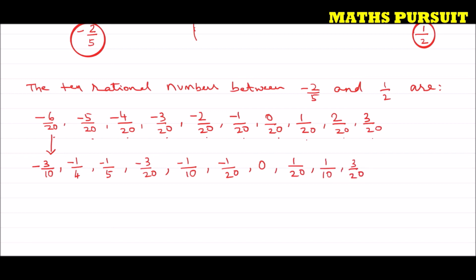Hope guys you understood this. Why did I do it like this? See, minus 6 upon 20 is minus 3 upon 10, minus 5 upon 20 is minus 1 upon 4, minus 4 upon 20 is minus 1 upon 5, minus 3 upon 20, minus 2 upon 20 is minus 1 upon 10, minus 1 upon 20 as it is, 0 upon 20 is 0, 1 upon 20 as it is, 2 upon 20 is 1 upon 10, and 3 upon 20 as it is.